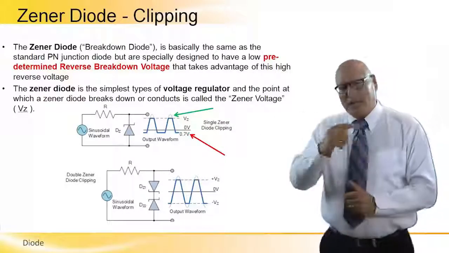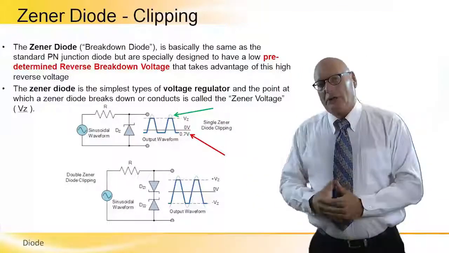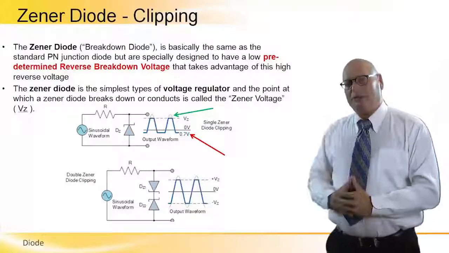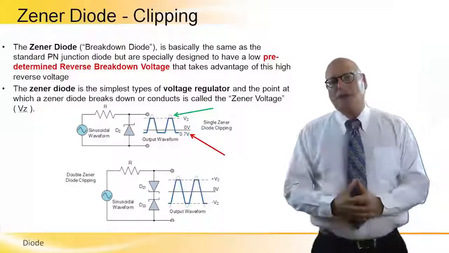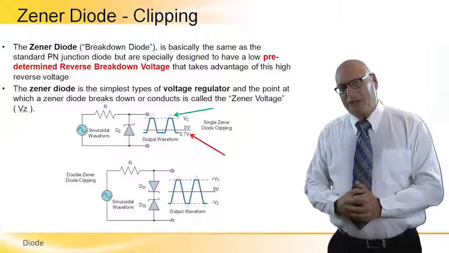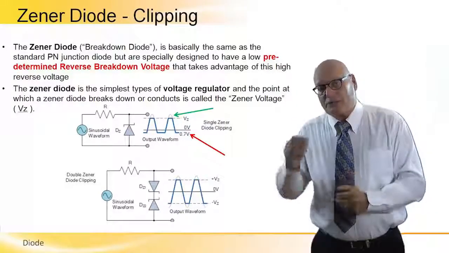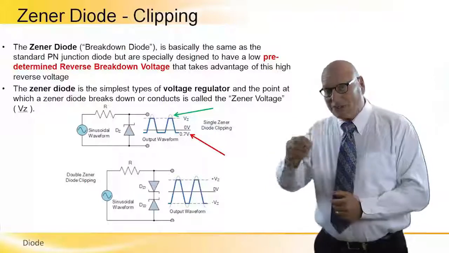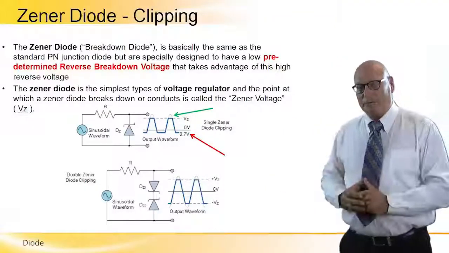Now, when the sine wave is in the negative, crossing the zero, going negative, then the diode is actually in positive direction conductance, which behaves just as a regular signal diode, not a Zener diode.